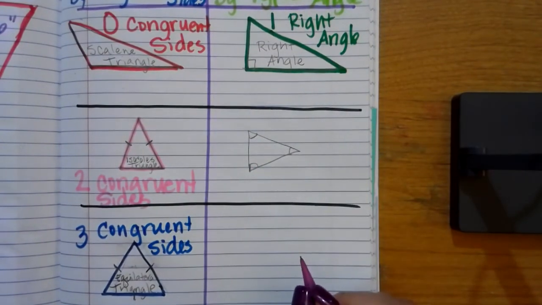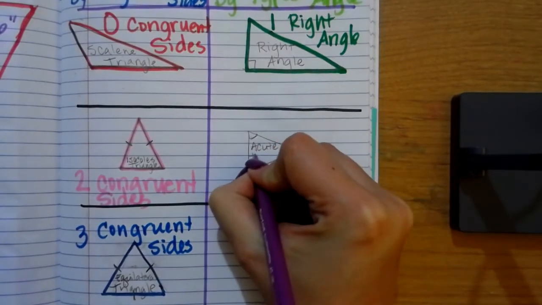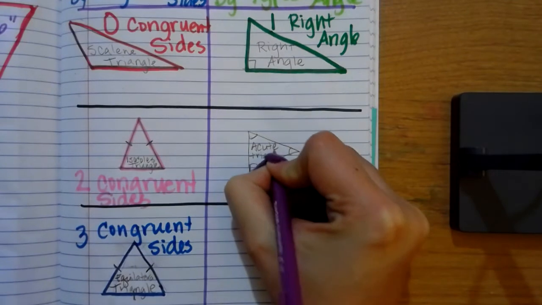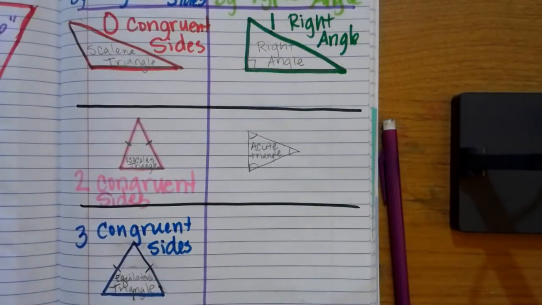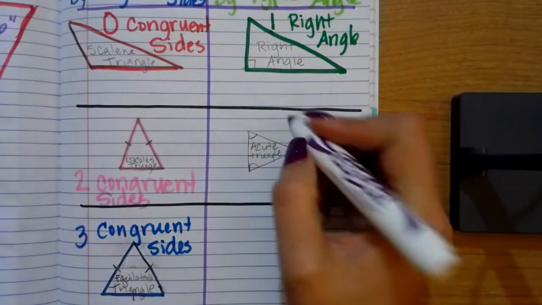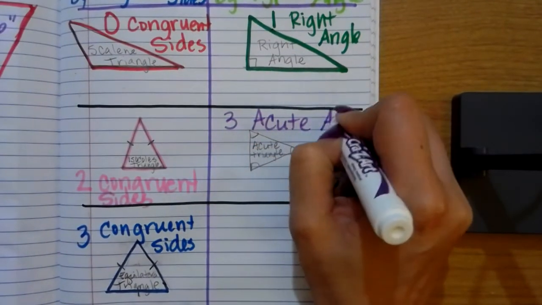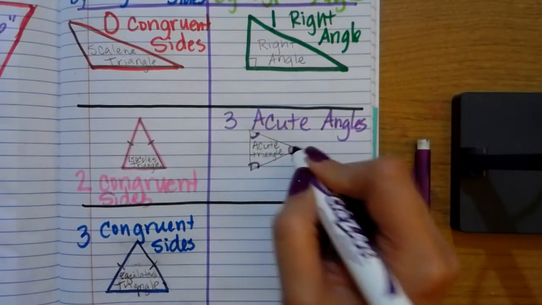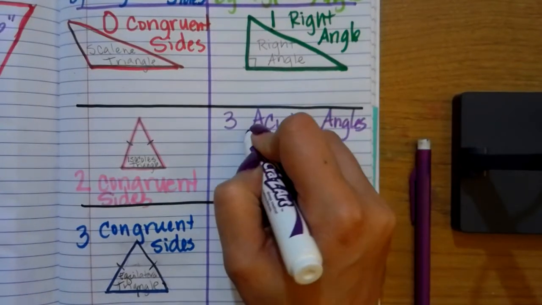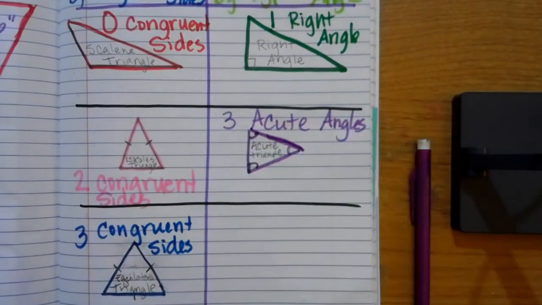So if they're all small, we call them acute. So this is an acute triangle. And an acute triangle, its rule is that it has 3 acute angles. So all 3 angles must be smaller than, excuse me, all 3 angles have to be smaller than 90 to be acute.